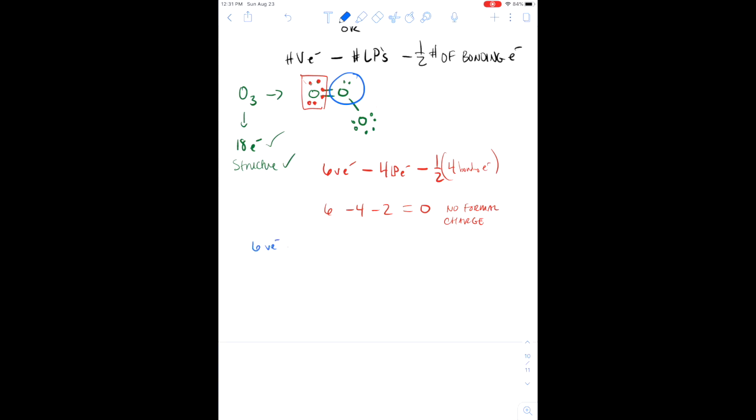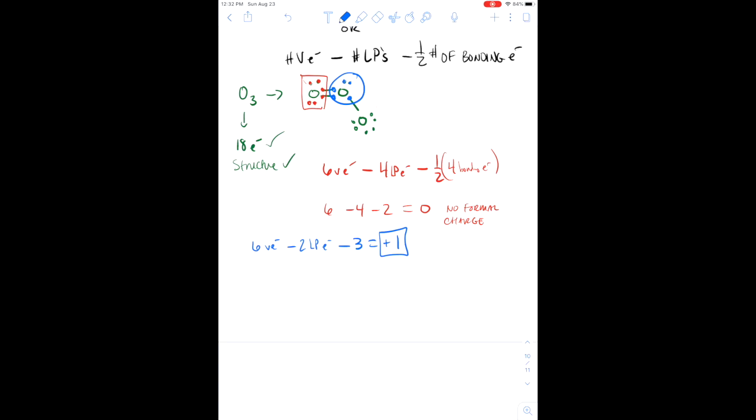All right, and so that's why the one in red has no formal charge, because it adds up to 0. Let's check out this blue one. 6 valence electrons, and now when we're looking at the lone pair electrons, we've got 2, and then half the number of bonding electrons. A quick way to do this is just circle the electrons bound to that oxygen, the way it's drawn. It's directly touching that oxygen, and that's 3 of them, right? And so I just jump to the quick 3 that way rather than doing half of 6.